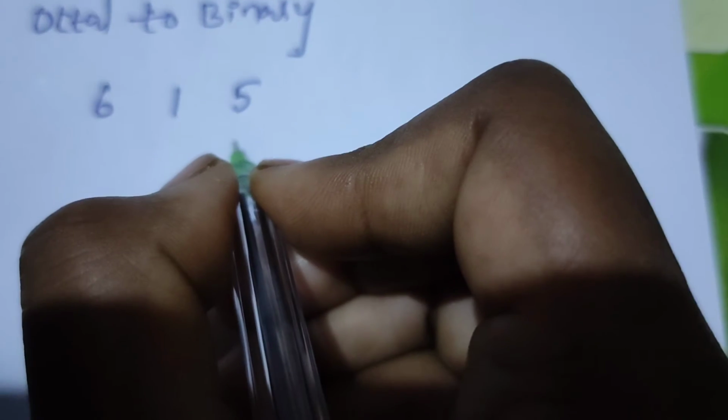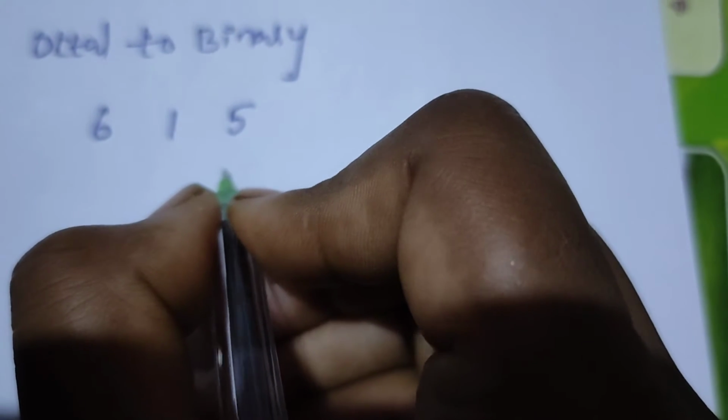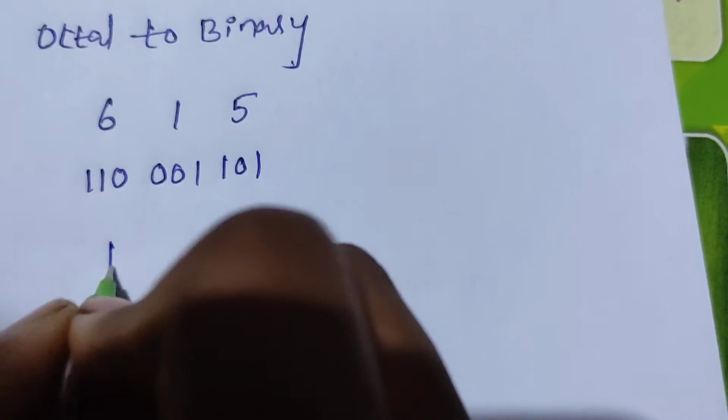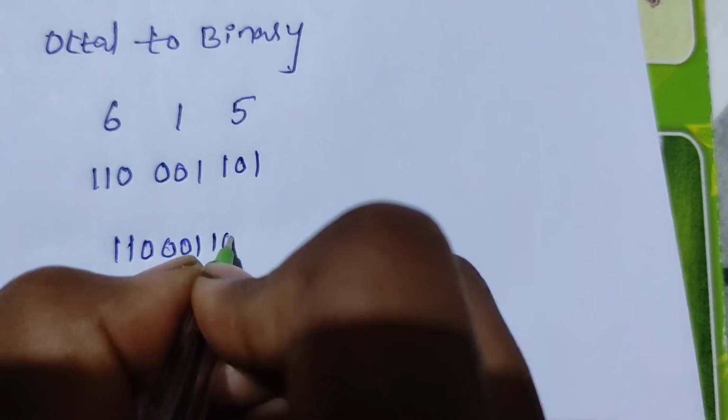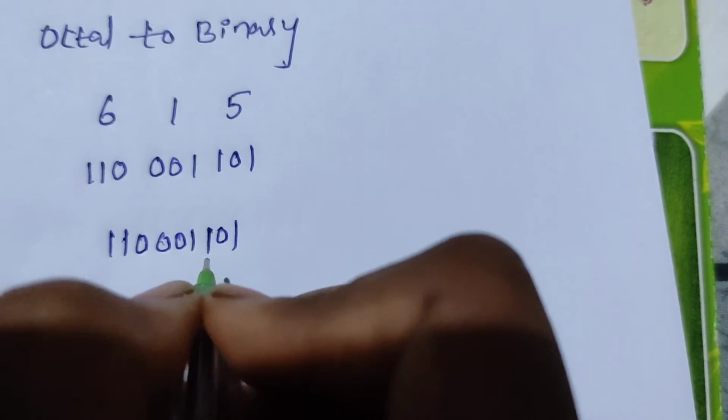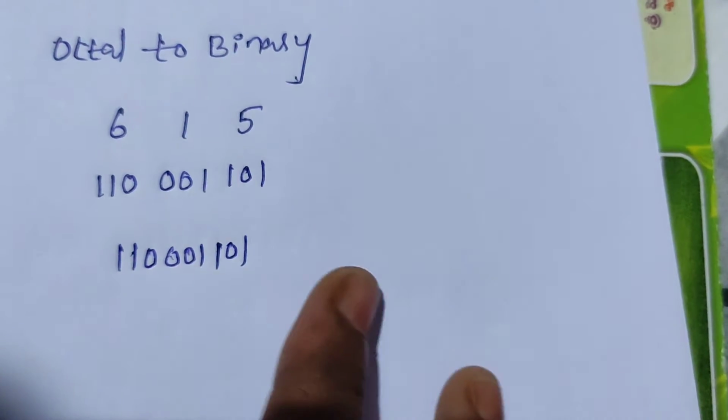Each single digit can be represented with 3 bits in its binary. So 5 is written as 101 and 1 can be written as 001. 6 is 110. By taking the powers of 2 and simplifying, you will get 615 only. So write it together: 110, 001, 101. So octal to binary conversion is done.